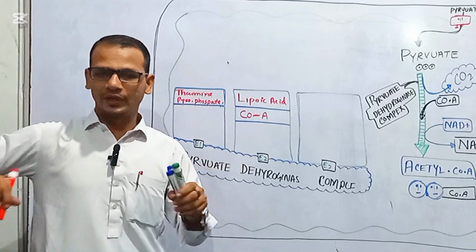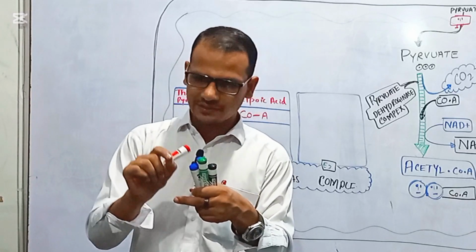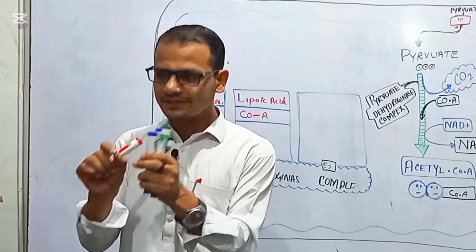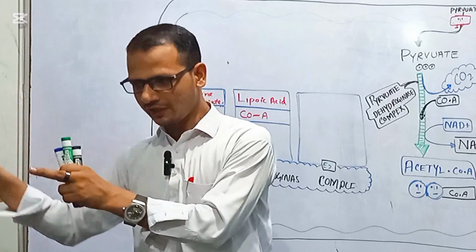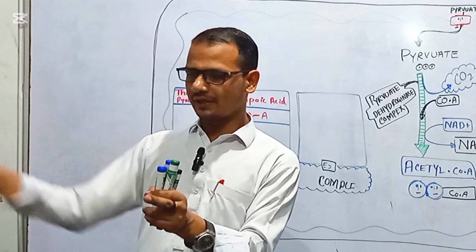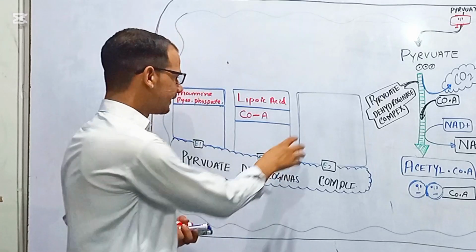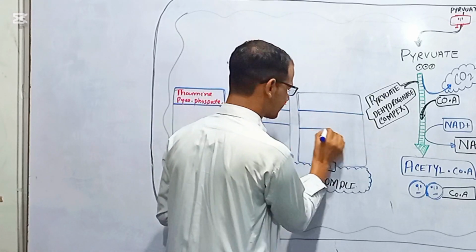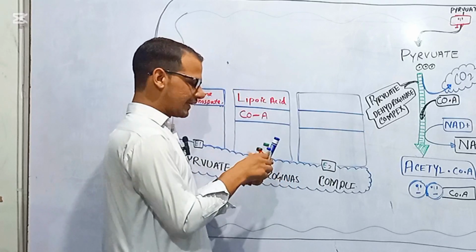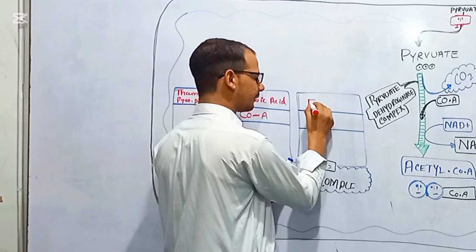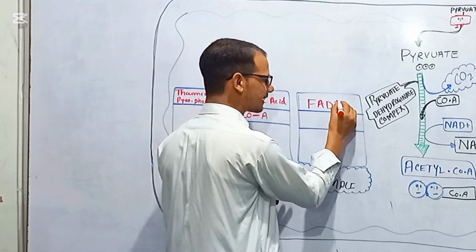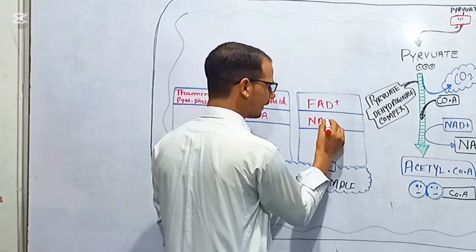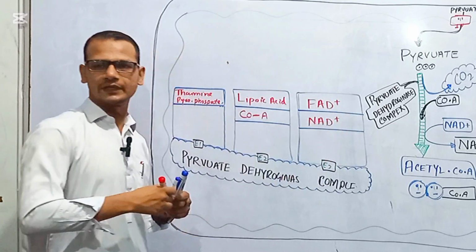But remember, when an enzyme catalyzes a reaction, it remains in unchanged form in the end and will undergo the same reaction again, right? And this component is also composed of two coenzymes, right? One is FAD, second is NAD plus, right?